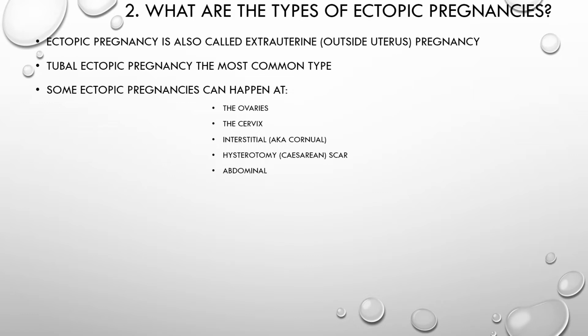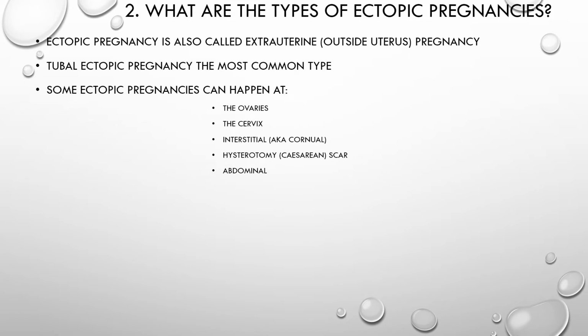The most common one, maybe you may know someone that has had this before, is called a tubal ectopic pregnancy. Tubal ectopic pregnancy is the one that I just showed you. Tubal means the tube. Ectopic still means that the egg has developed in a tube, that tube is called a fallopian tube. So it develops on that tube.